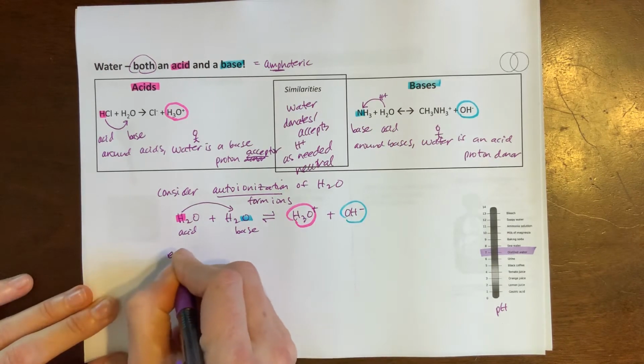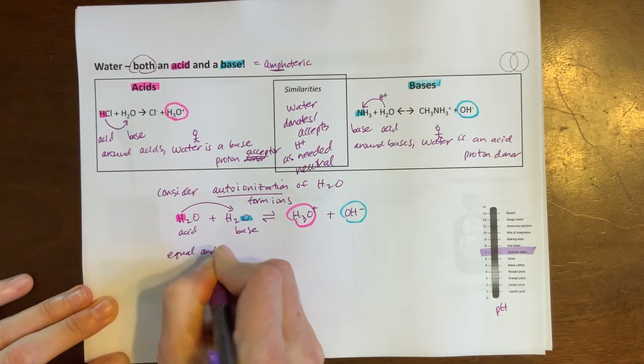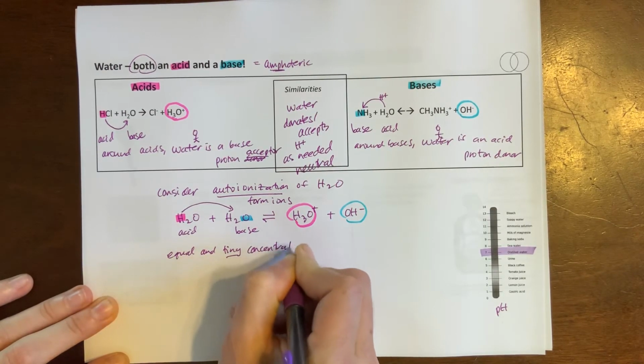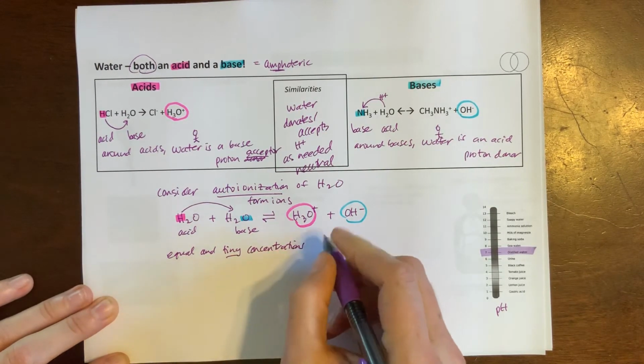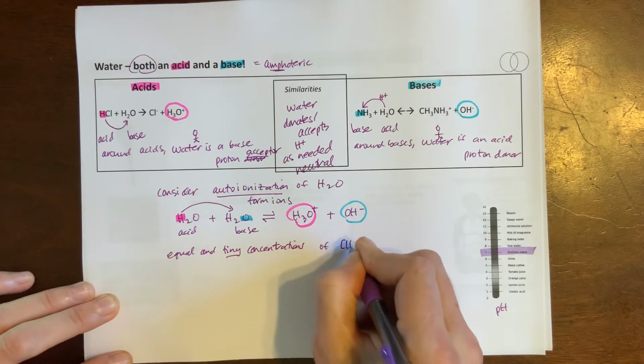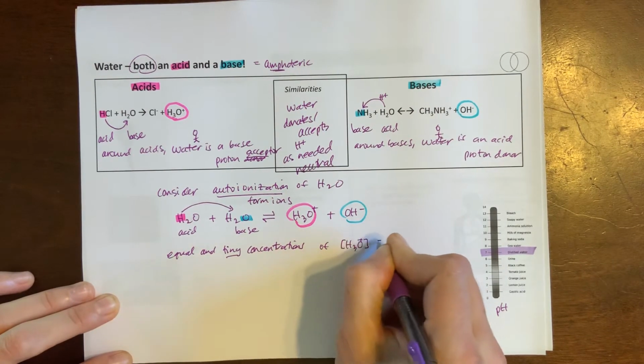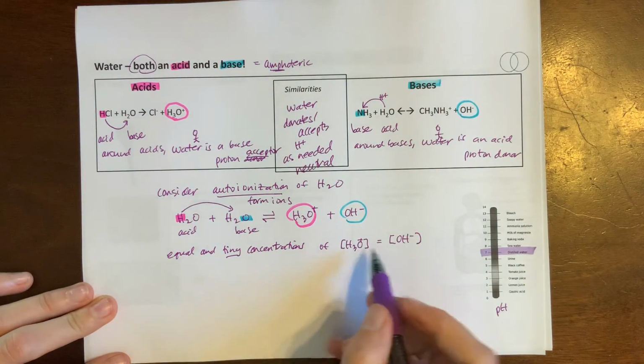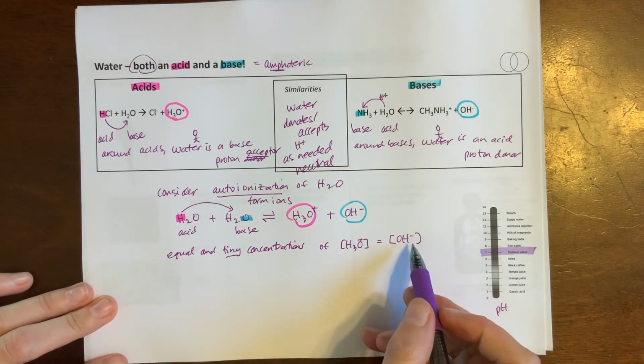So I have equal and tiny concentrations of hydronium and hydroxide ions. So concentration of hydronium is equal to the concentration of hydroxide.